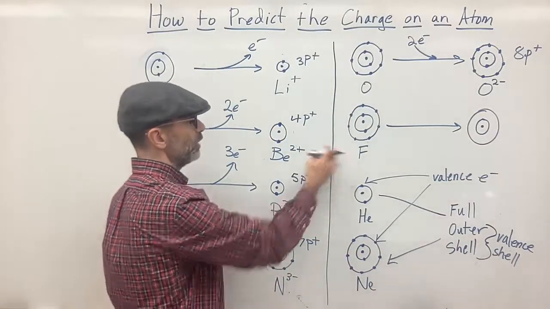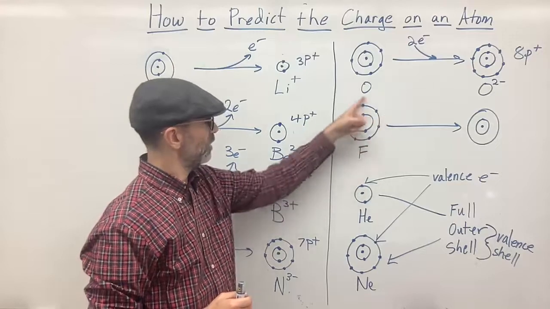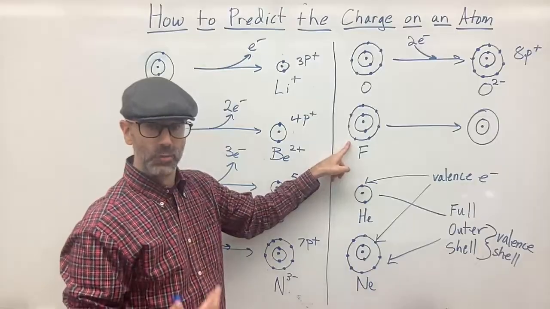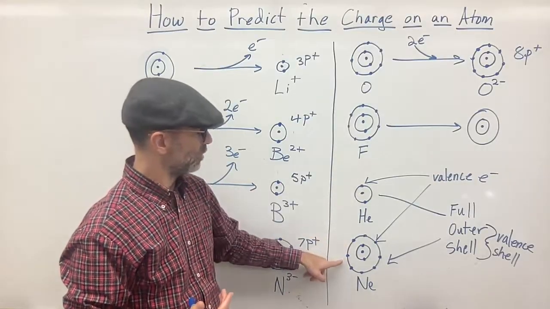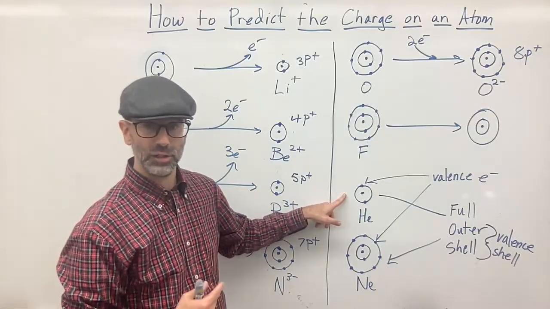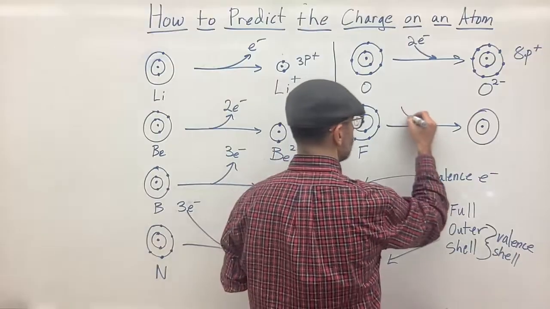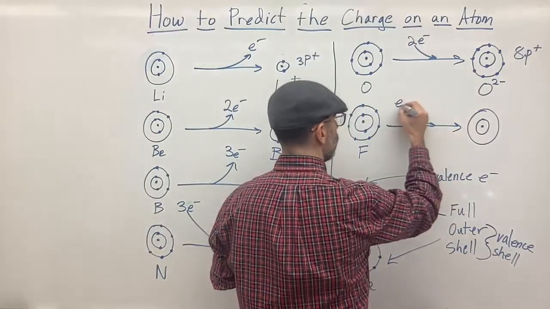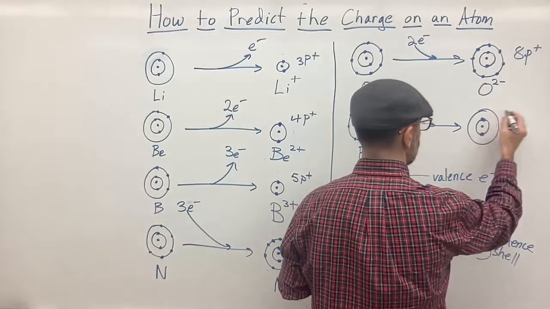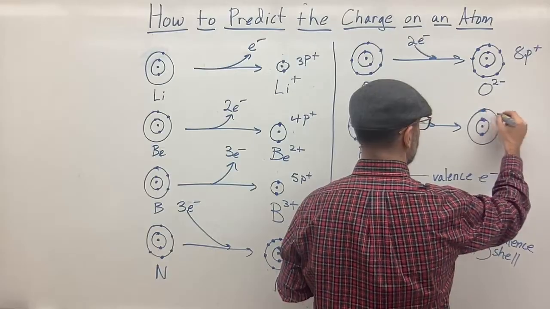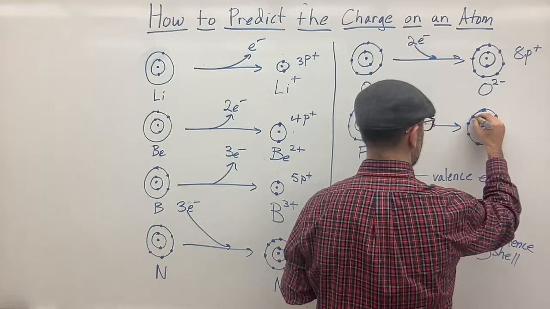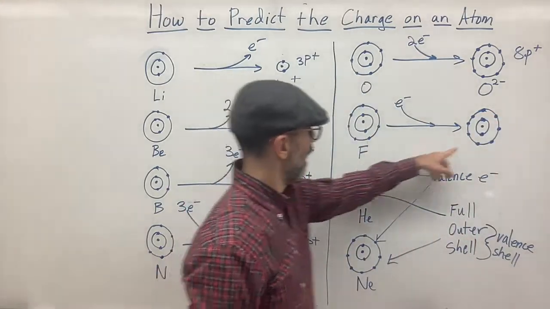And finally, for fluorine, fluorine has 7 valence electrons. And that means that it can either gain 1 electron to be like neon, or it can lose those 7. Obviously, it's going to be easier to just gain that 1 electron from somewhere. And so that means that it's going to have an extra negative on there. 2 electrons in the inner shell, 1, 2, 3, 4, 5, 6, 7, 8 electrons in its outer shell.